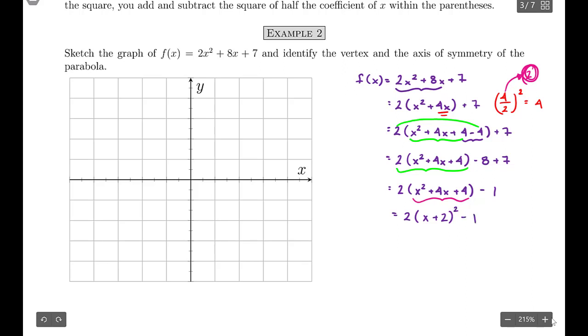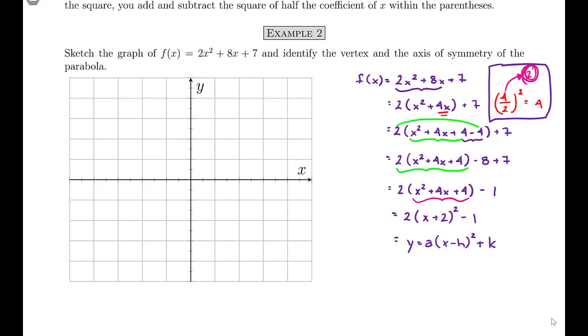So whatever your term is that you square in this step right here for completing the square, that's what's going to end up in your factored form at the very end of the problem. So this does appear to be in the form we were looking for, which is y equals a times x minus h quantity squared plus k.